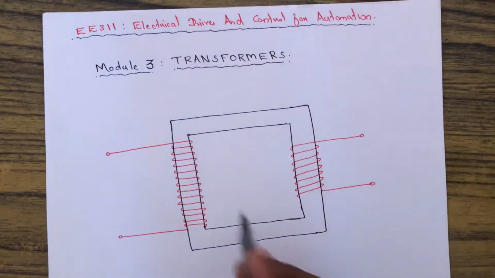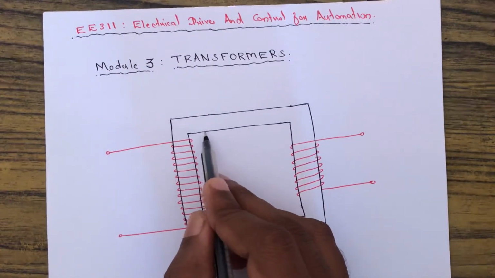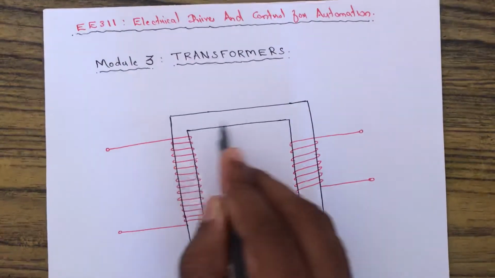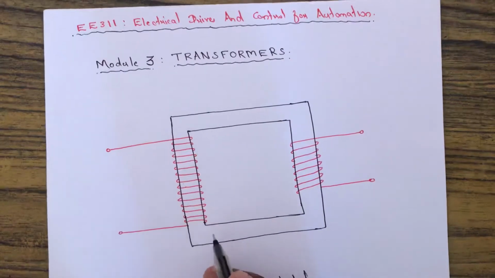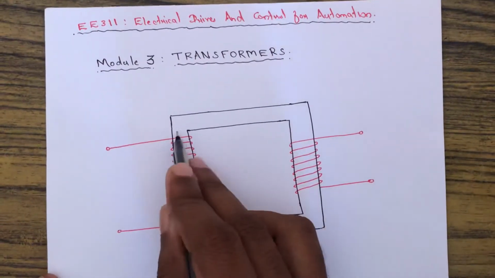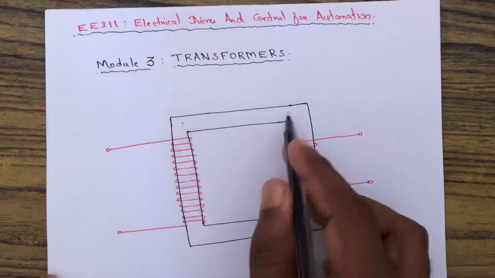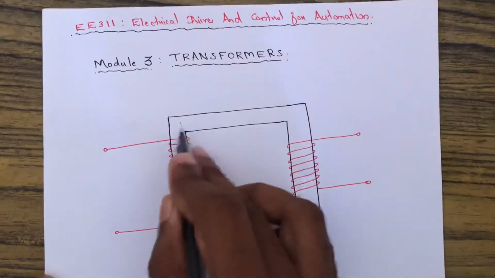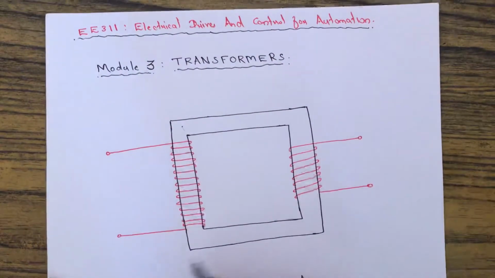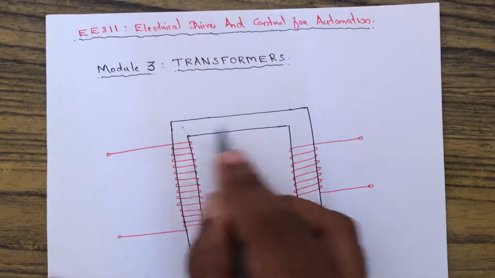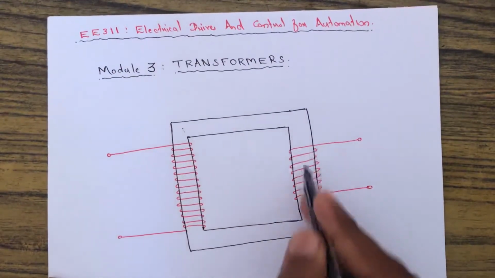The core is made up of soft iron or silicon steel laminations to provide a low reluctance path for the flux. This is an iron core and it carries two windings. These windings are linked through a common magnetic path, and the iron core material provides low reluctance for the flux to pass through it.